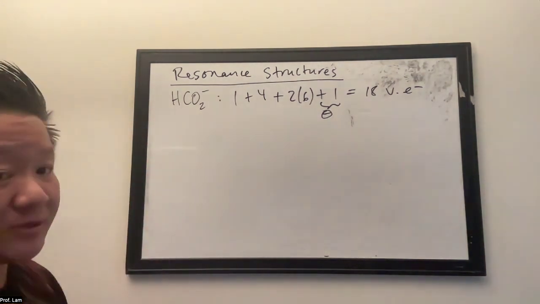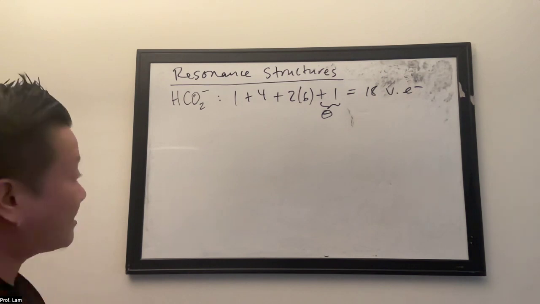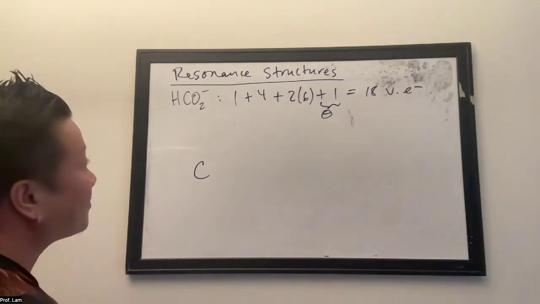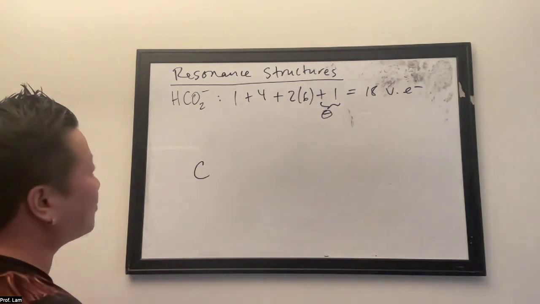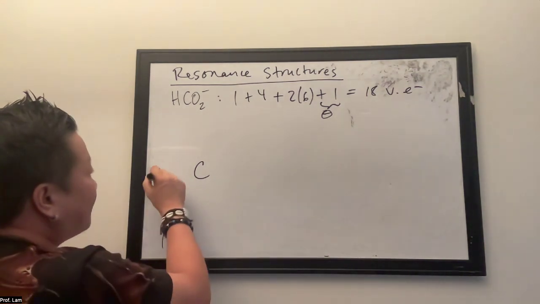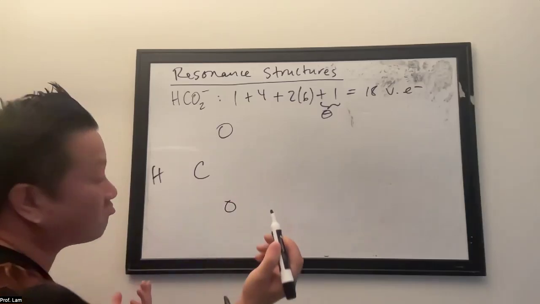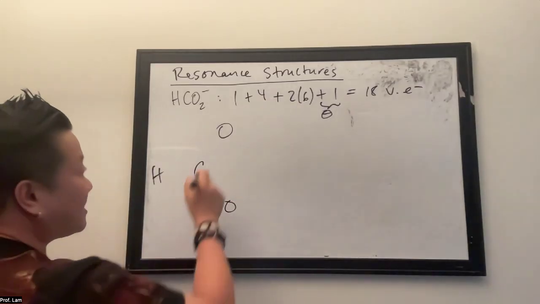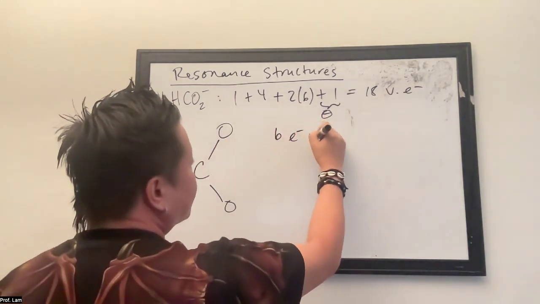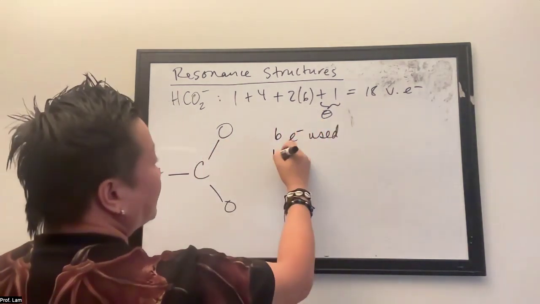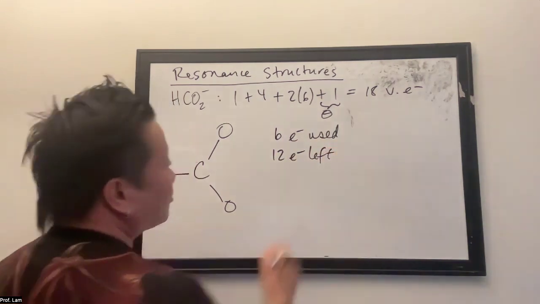And then between these 3 atoms, carbon's going to be the central. Then we're going to put 1 hydrogen and 2 oxygens evenly around. It doesn't really matter where you put them. I'm just going to do it like this. And then we do single bonds. That's 2, 4, 6 electrons used. 6 from 18 is 12. We've got 12 electrons left.